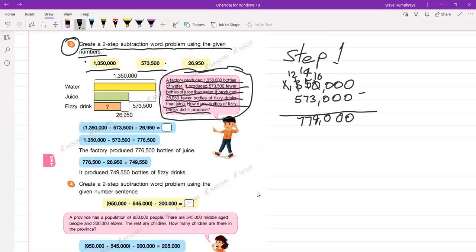Okay? Where have I gone wrong? Oh, I see where I've gone wrong. It's 500, not 0, 0, 0. All right, let's try that one again. I'll erase it.